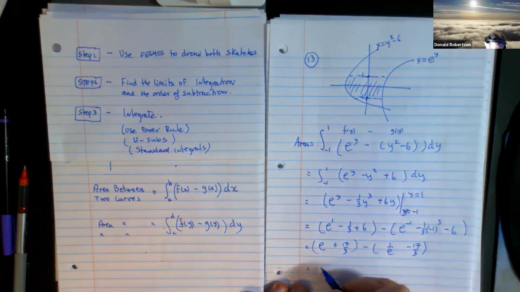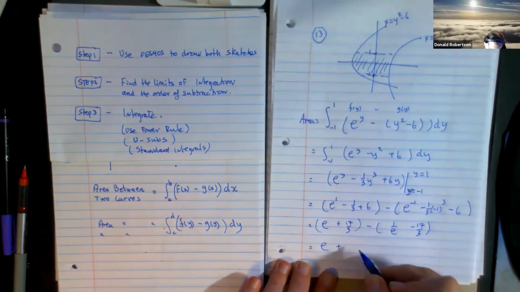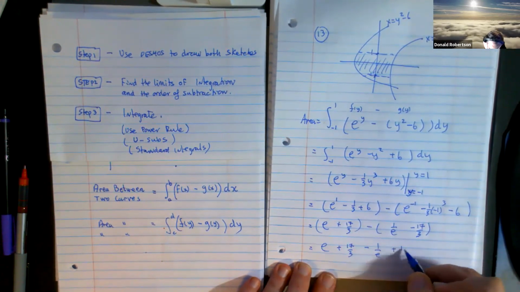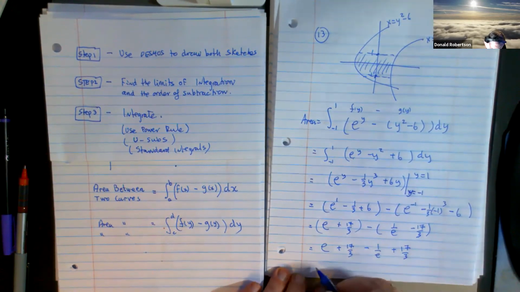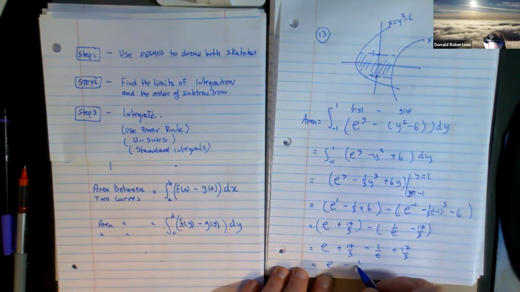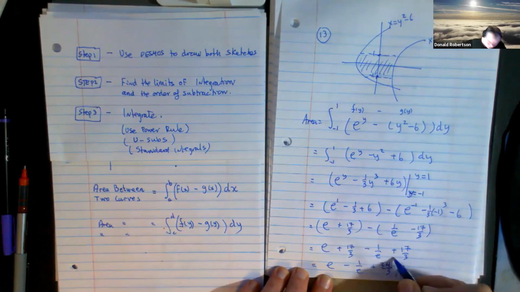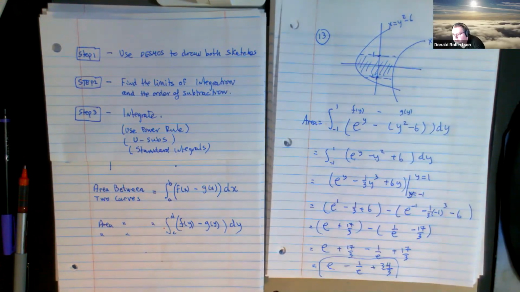So I have an e, plus 17/3. Take away that one, add another 17/3, and the answer is an ugly combination of those three things.